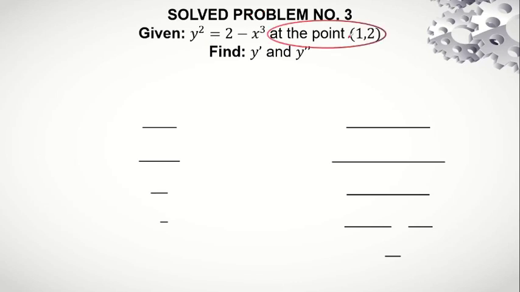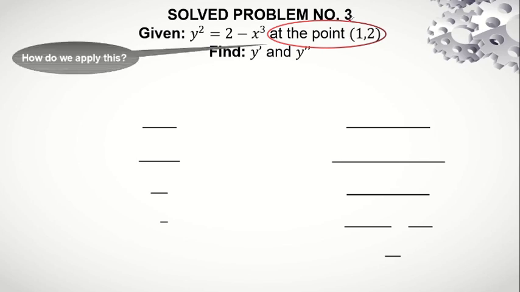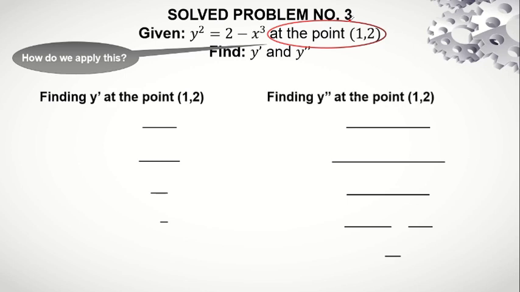Now, what is the purpose of this? Anong gagawin natin? How do we apply the point 1, 2? Yan. Finding the first derivative and the second derivative at the point 1, 2. Ngayon, this is a coordinate point, if I'm not mistaken. Diba, ang arrangement is we have x and y.